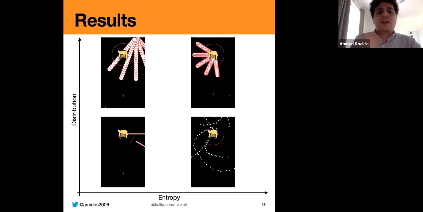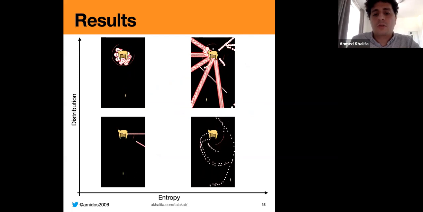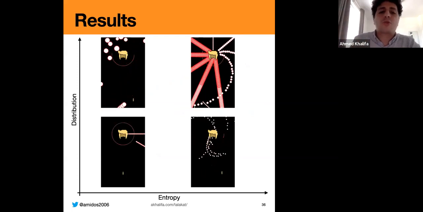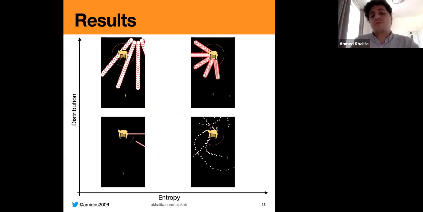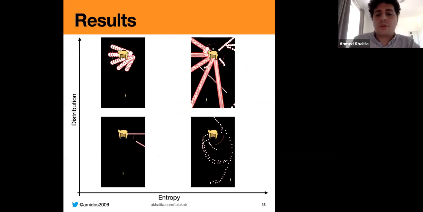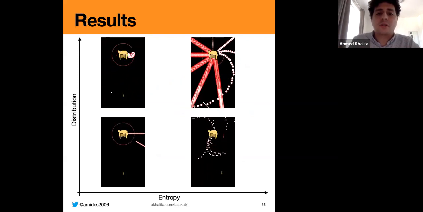We decided to look a little deeper into how these levels look. We picked two of the dimensions because it's harder to show three dimensions, so we picked only entropy and distribution. As you can see, in levels with low entropy, the AI agent is barely moving.